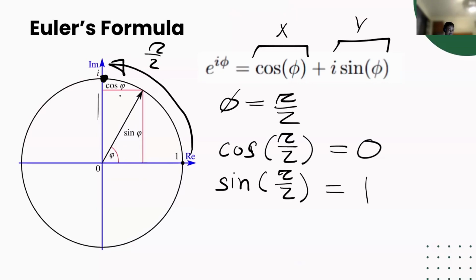When we moved a quarter, we moved pi over 2 radians. If we go 4 quarters, we'll have to go 2 pi radians. This means that if we go a full revolution, we'll end up in the same place, and thus we can conclude that our complex exponential has a period of 2 pi. To say that again in another way, in order to get back to where you started, you need to move 2 pi radians.